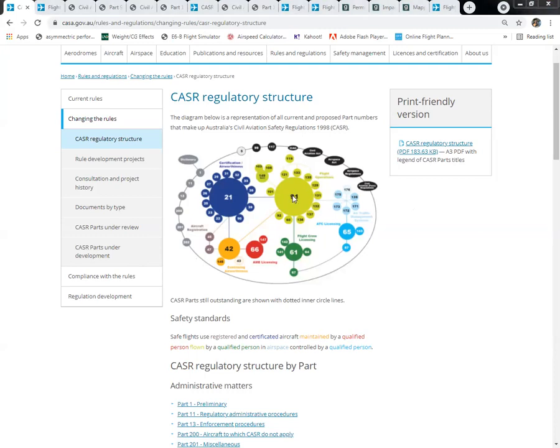The basic essence of it is that Part 91 replaces most of the CAOs and many of the CARs with a much more consolidated document.